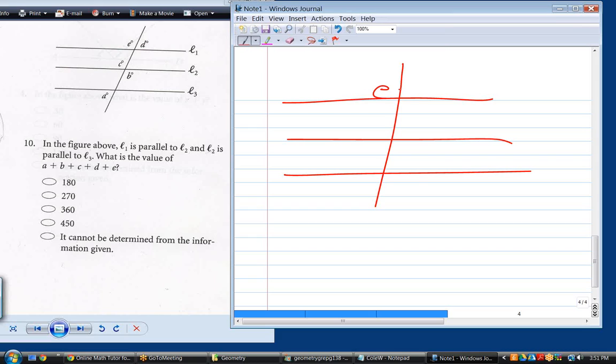E is closer to 90 than it is in this picture. So the fact that I can draw this picture in a different way means that E could be anything, and we can't figure out what it is. So the answer is it cannot be determined.